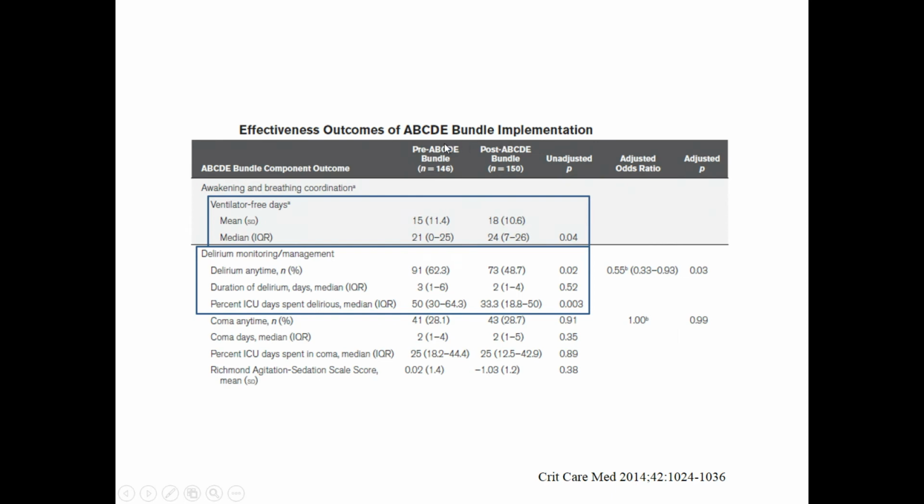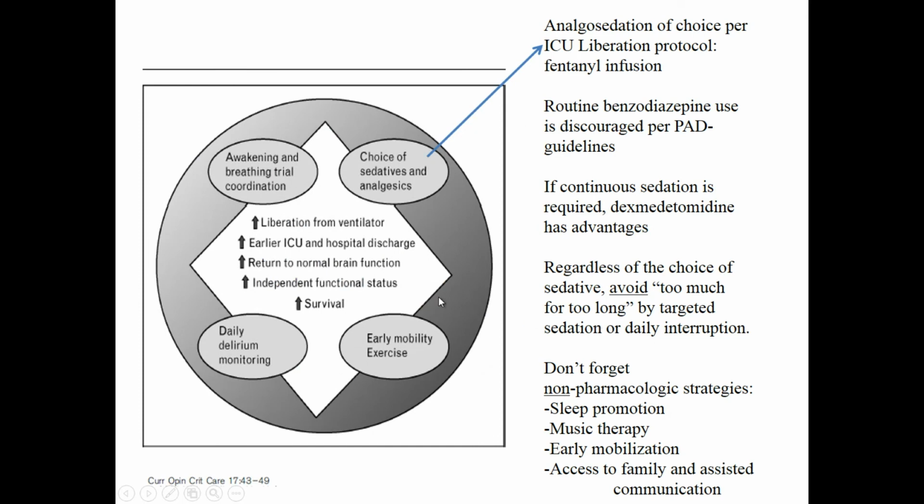When this ABCDE bundle is implemented, it has been proven to reduce the incidence of delirium, ventilator-free days, and outcomes overall. So you can see in terms of ventilator-free days, there was a significant reduction. In terms of delirium, it was a significant reduction once the bundle was applied. And this really now has become, I think, a standard of care.